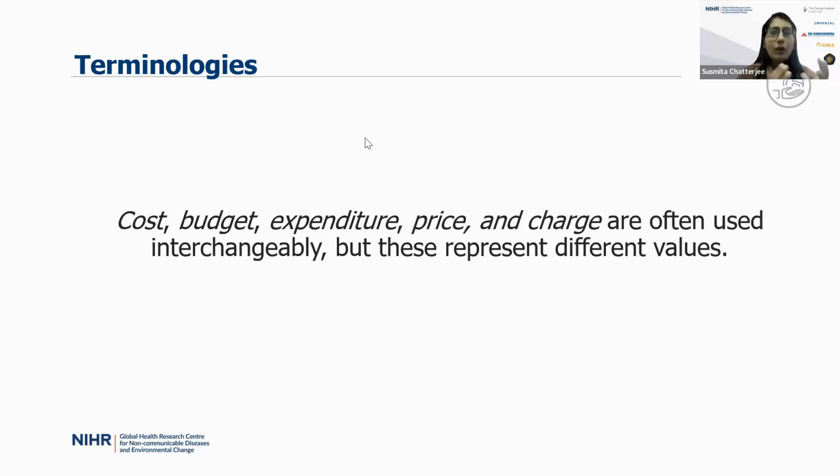Price could be the price of the components. It could be the price of the X-ray plate. It could be the price of the chemical used. After summing all those, multiplying the quantity by the price, you come up with the cost. Not exactly like that, but there will be some calculation to come up with the cost.